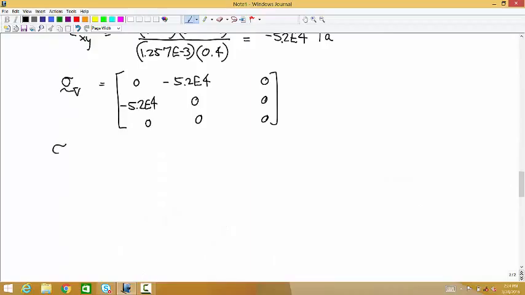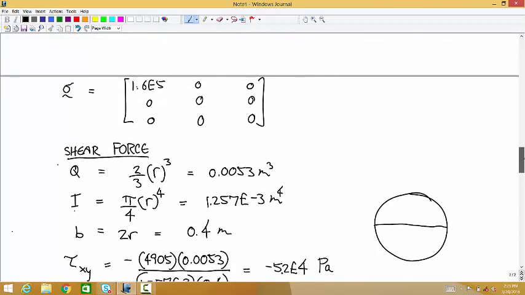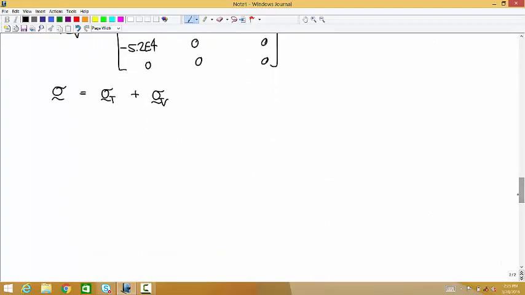And so then the total stress tensor is the sum of those two that we calculated. So that's 1.6 times 10 to the 5, negative 5.2 times 10 to the 4, 0, negative 5.2 times 10 to the 4, and then zeros everywhere else.